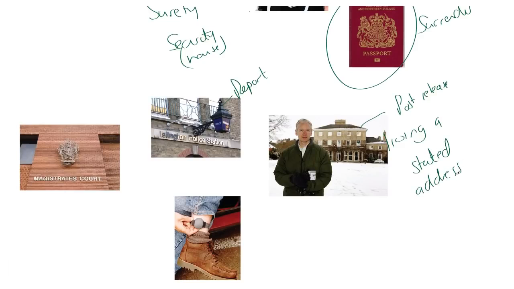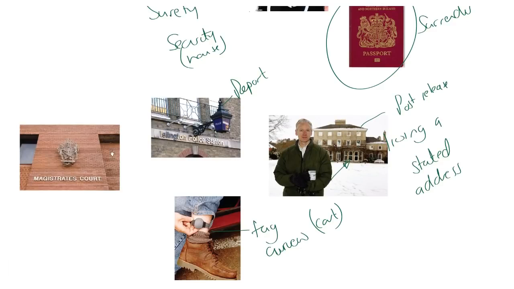This was the case with Julian Assange: it was a stately home in Norfolk, and he was told that he had to live and reside at that premises. He couldn't live anywhere else. You might be told to stay away from certain people or certain places. Or you might be asked to wear a tag or be subject to a curfew. You can't wear a curfew, but you might have to be the subject of a curfew, and the court can only grant those tags or curfews.